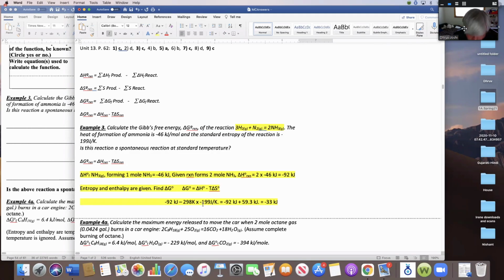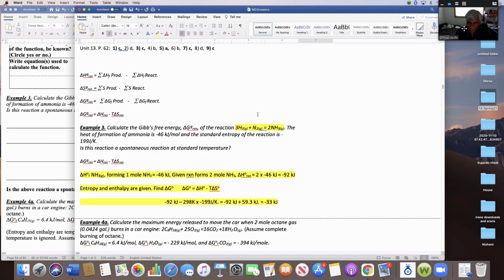Now, why is delta S negative for this reaction? We are told that it is negative 199 joules per Kelvin. Does it make sense that it would be negative or positive? Yes. How?